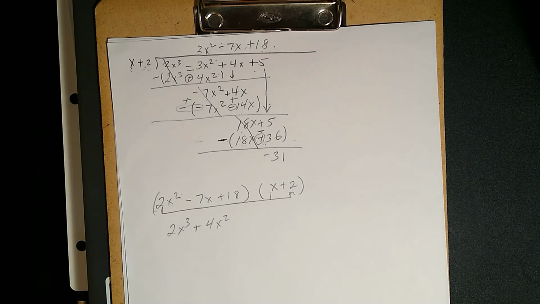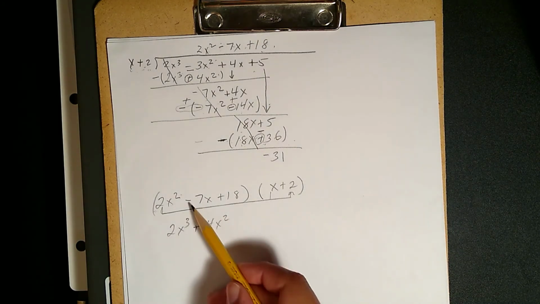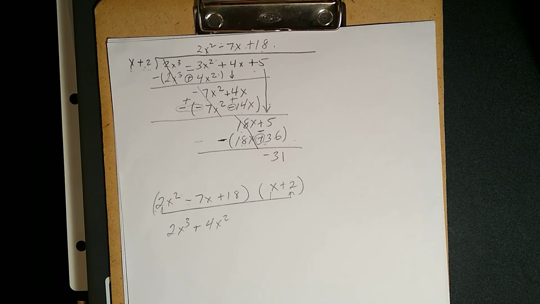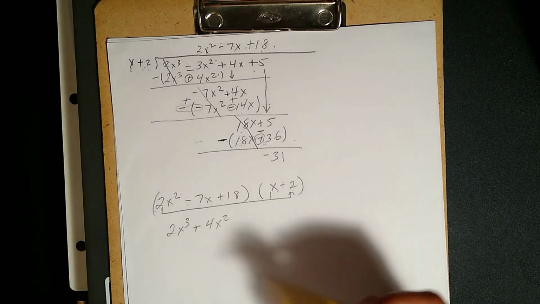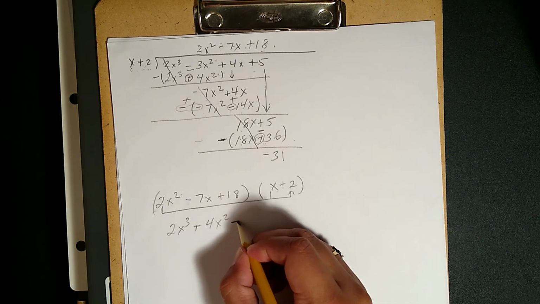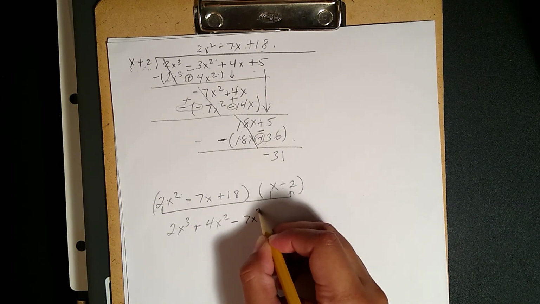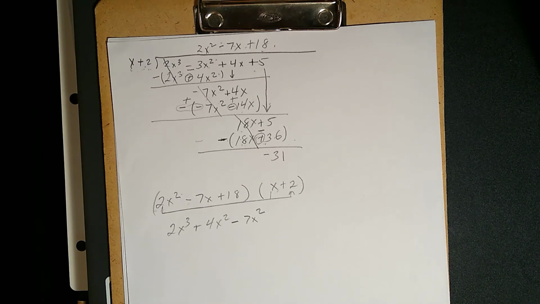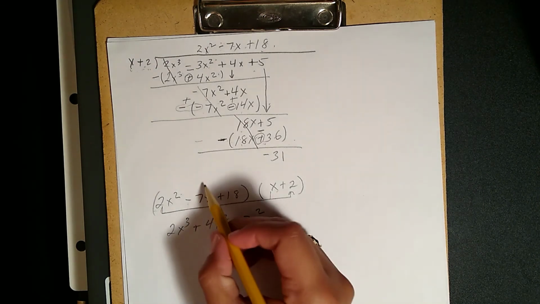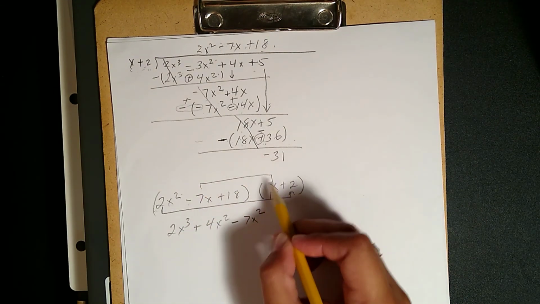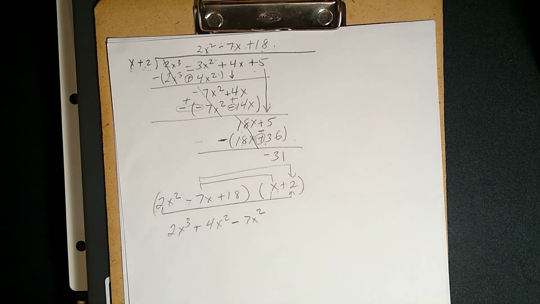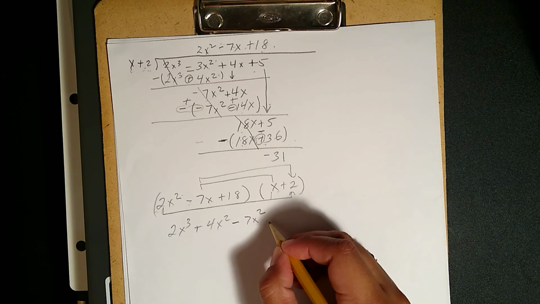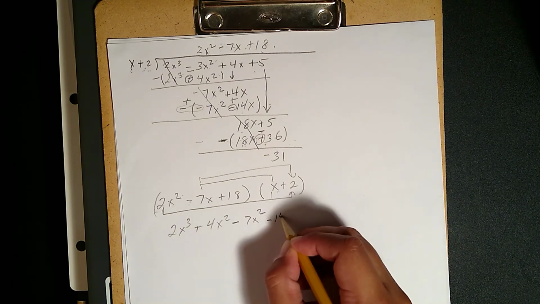Now that we're done with 2x squared, we're gonna work with negative 7x. Negative 7x times x will give you negative 7x squared. Negative 7x times 2 will give you negative 14x.